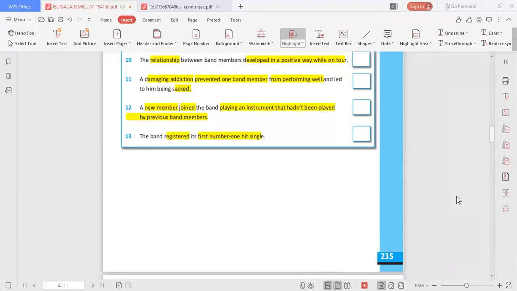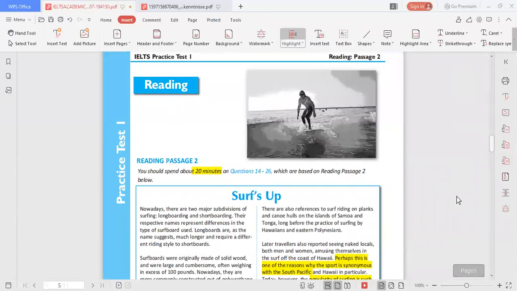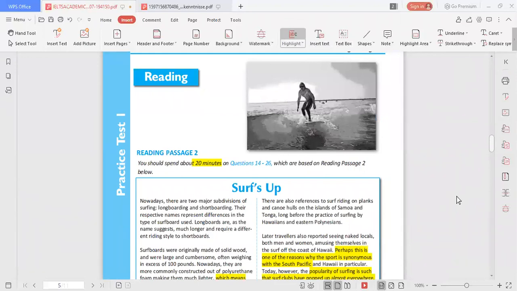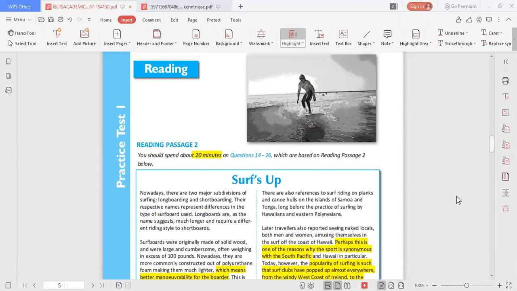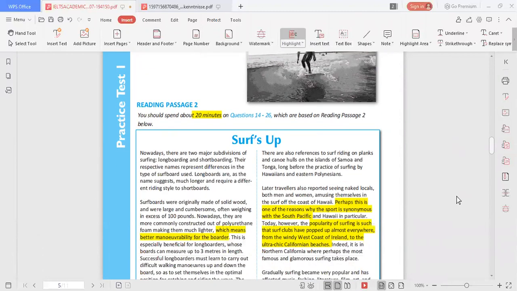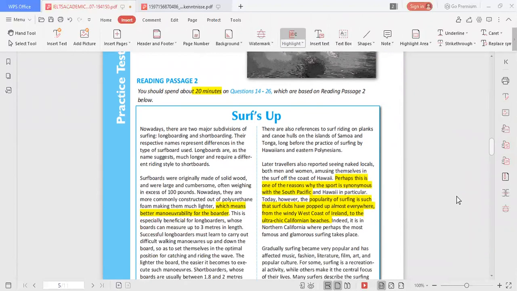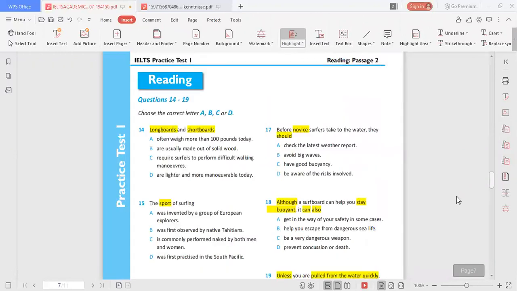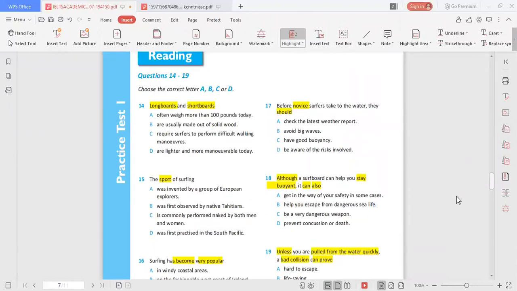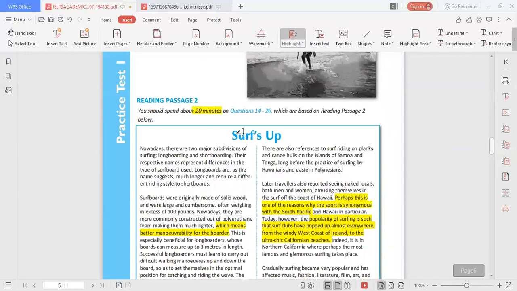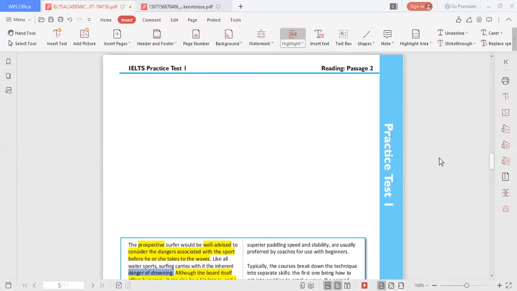Good, because we have to see all the types of questions and the types of reading exercises in this video. So in the next session, Passage 2, again, you've got 20 minutes, and this is a multiple choice question. So the multiple choice question, the long text, and then you've got these multiple choice answer possibilities. So how do you do this? Again, remember, just read the title of the text and then jump straight to the question and then highlight your keywords.